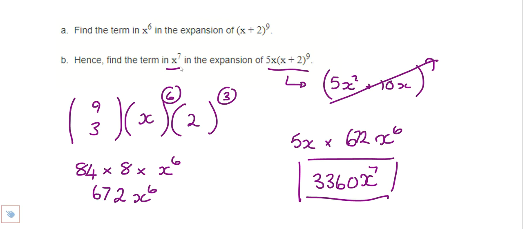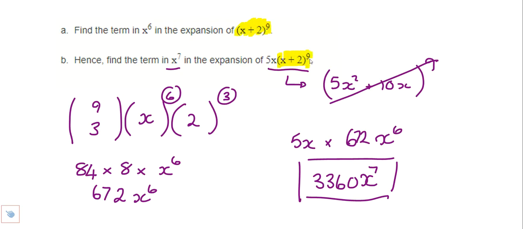But it's still (x plus 2) to the power of 9, but it's x to the power of 7 in B. So how are they the same? So this bit is the same as this bit, yeah?